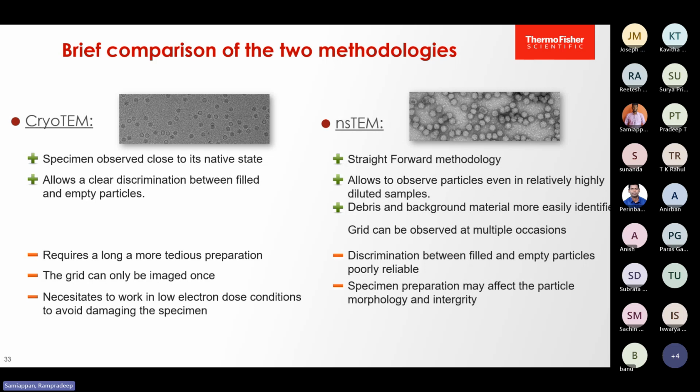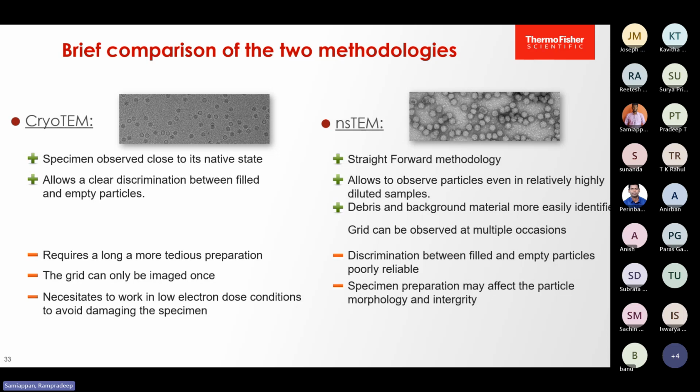When it comes to limitations, it requires a tedious preparation. Right from the sample preparation and concentration optimization, this plays a very important role. Sometimes you see a lot of samples on the grid, and it will be too crowded, which is very complicated for image processing.